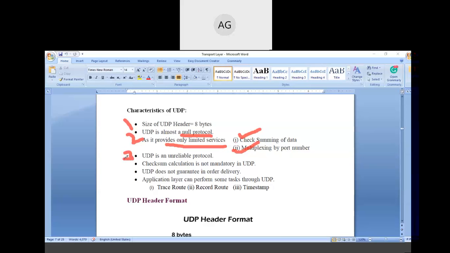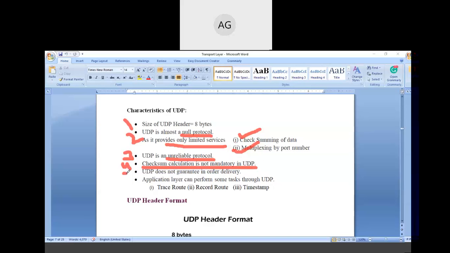The third characteristic is that UDP is an unreliable protocol. The fourth characteristic is that checksum calculation is not mandatory in the case of UDP. Here we calculate the error with the use of checksum, but the checksum calculation is not mandatory in UDP, whereas when we study TCP, the checksum calculation is mandatory in TCP.